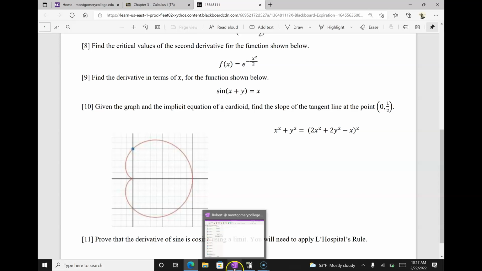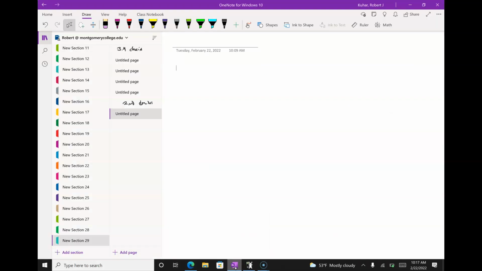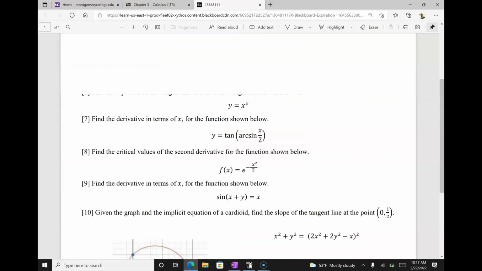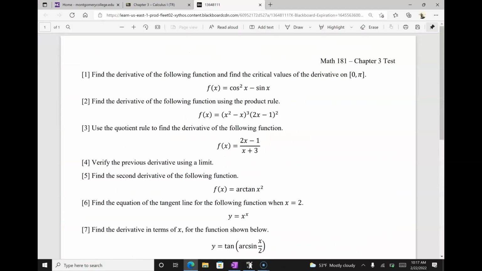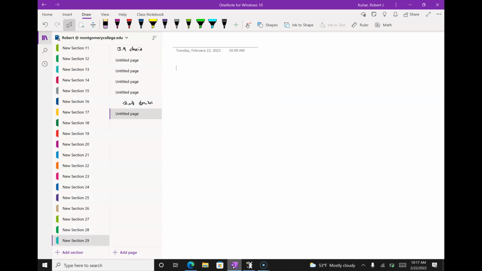Nice. Here we go. This is from fall 2019, chapter 3, test number 2, right? Fall 2019. Remember the good times? Chapter 3, test number 2.